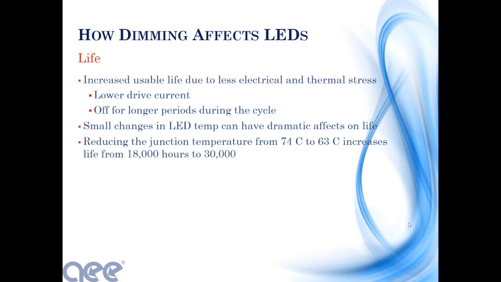That's just what we've seen over time. But reducing the junction temperature from like 74 C to 63 C increases the rated life of that device from 18,000 hours to 30,000 hours. So that is a way to get these devices to where the LEDs last that long.